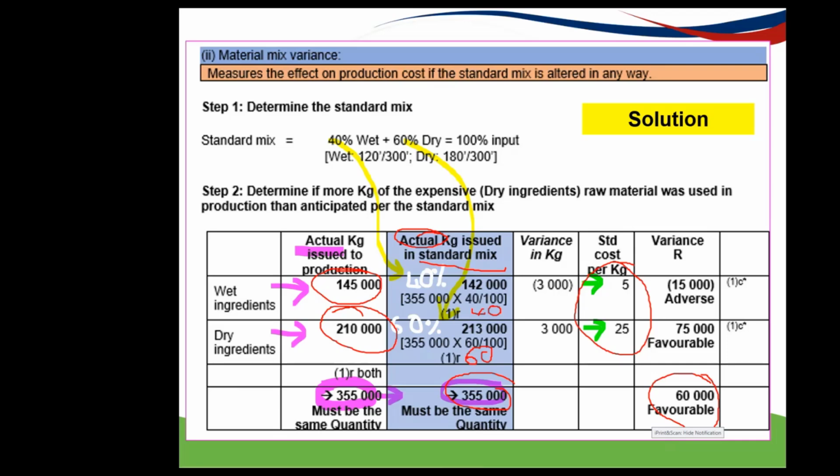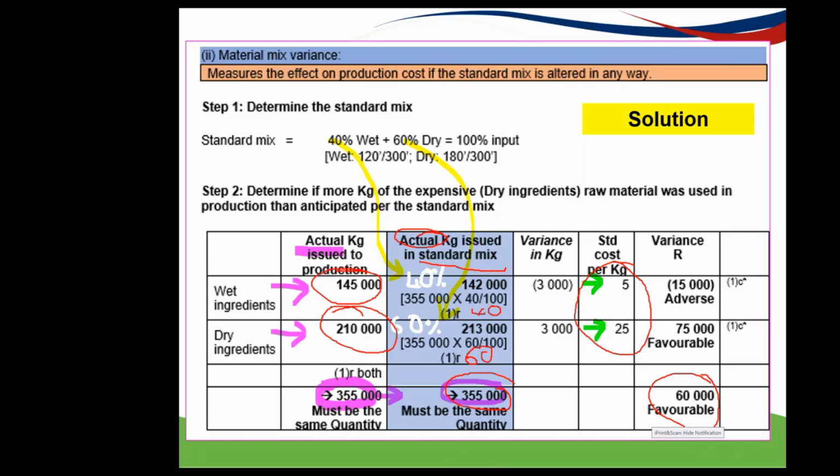Now what I'm doing is I'm just splitting them into my standard mix, 40% and 60%, because it's got to still be my actual kilograms issued. I'm taking the 355 and splitting it between wet and dry, because I'm putting the actual kilograms into the standard mix.